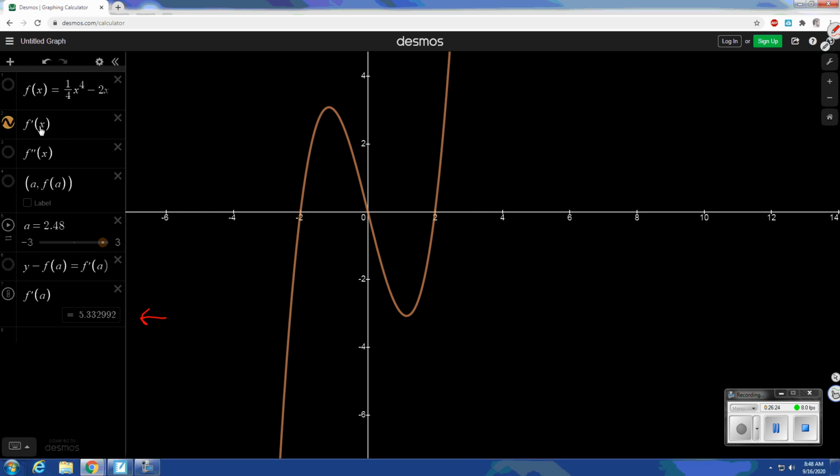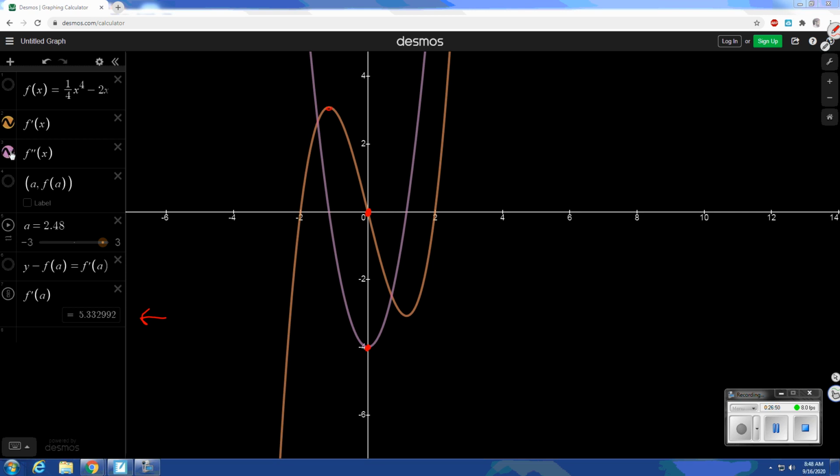And now I'm going to remove f of x. So now we're just looking at f prime. Let's look to see what f double prime should look like and see if that fits what we also predicted. And it does. We get that parabola shape. And again, let's just look at the point of inflection on f prime, where it changes concavity, reveals a min or max. In this case, it's a min of our derivative of that graph.